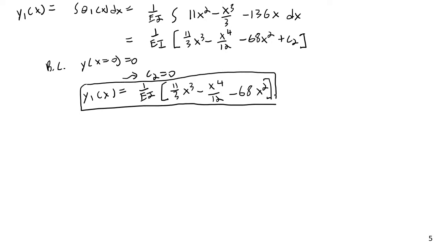Now that was fairly straightforward, but for the next region, I want to illustrate the idea of carrying through your constant to the next layer of integration. Just like the y and the theta were 0 at, say, a pin? At a pin, y was 0, yes, but theta wasn't 0 at a pin or roller.